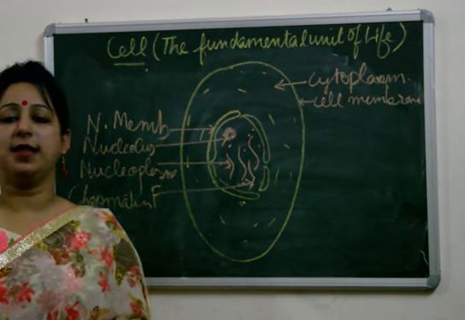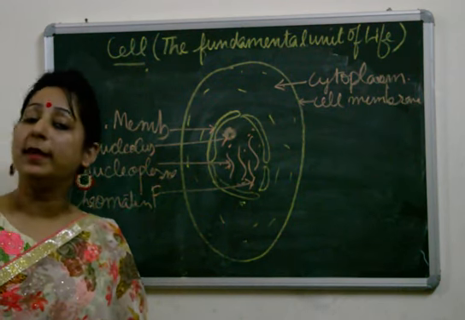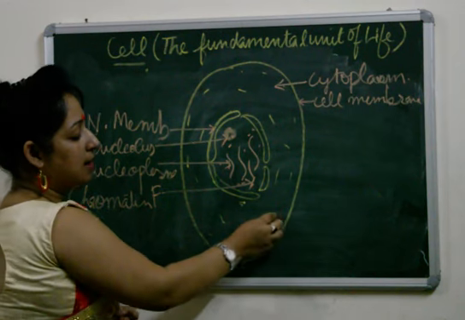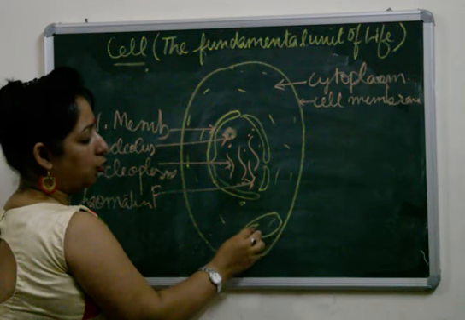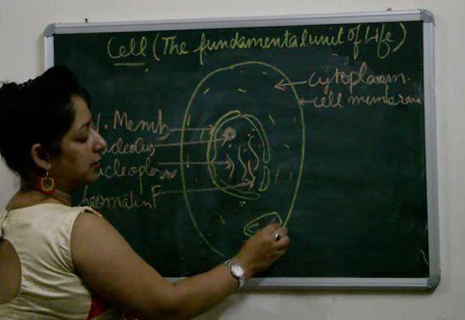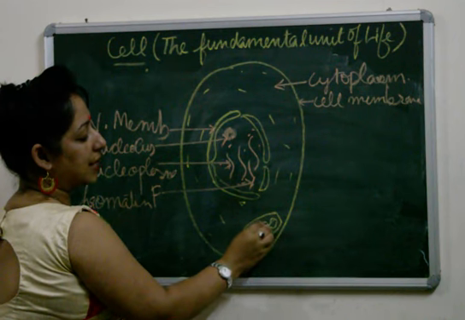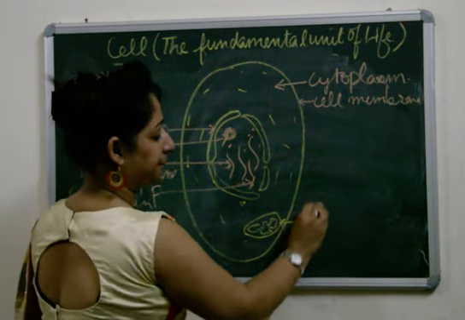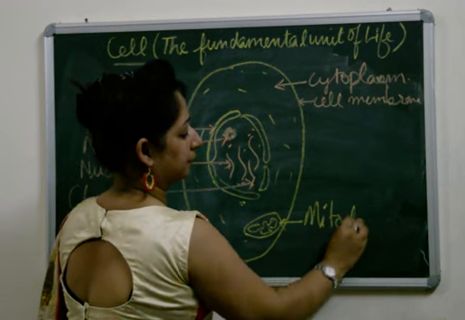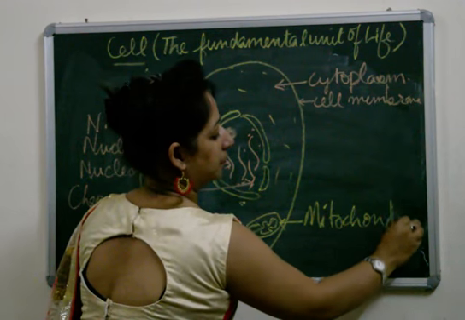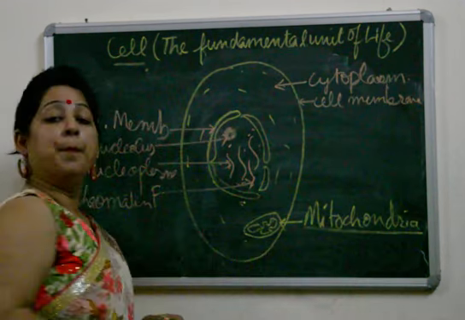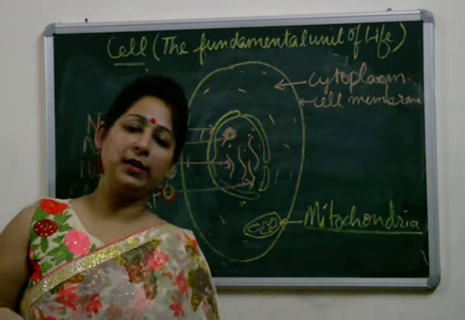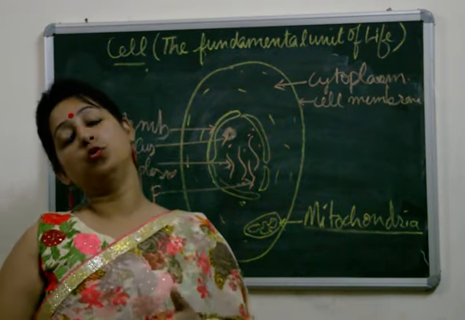After nucleus, the next important organelle which is present inside the cell is the powerhouse of the cell. You all must be knowing about it. That is the mitochondria. Mitochondria, it has one more name. It is also known as the powerhouse of the cell.